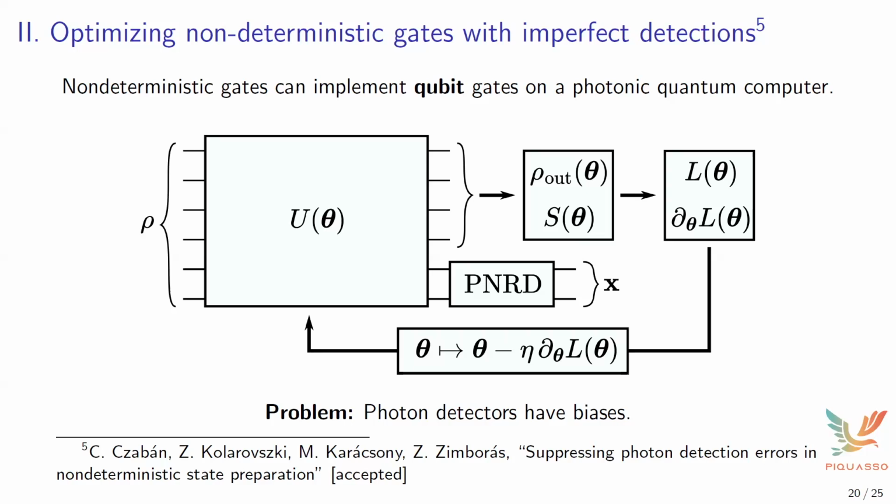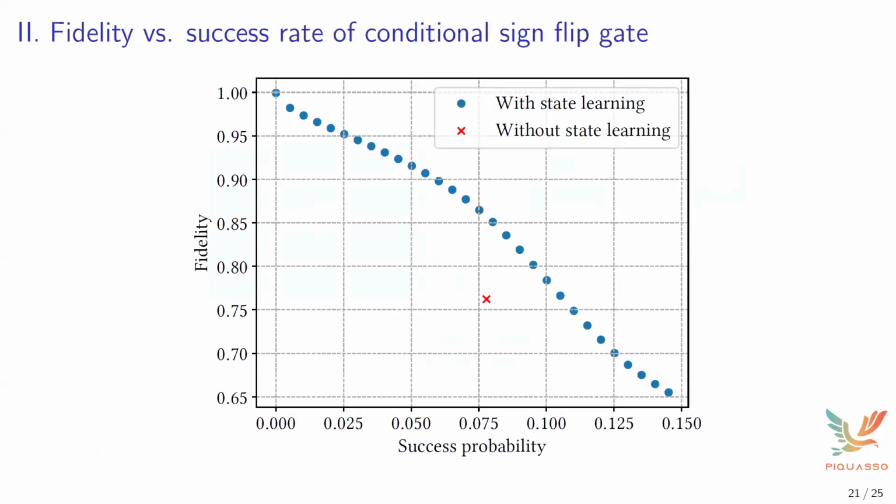And with these imperfect photon detectors, we can optimize the circuit, and we can show that if we factor in these imperfections, we can achieve better fidelity or better success rate. It depends on what you need.